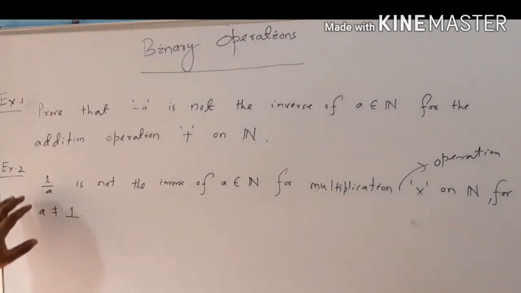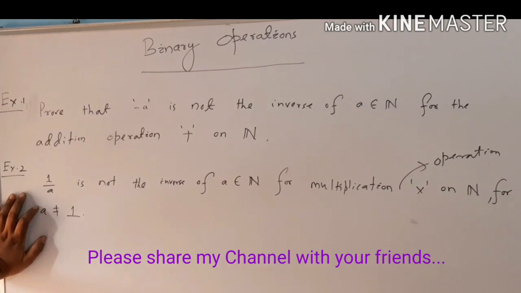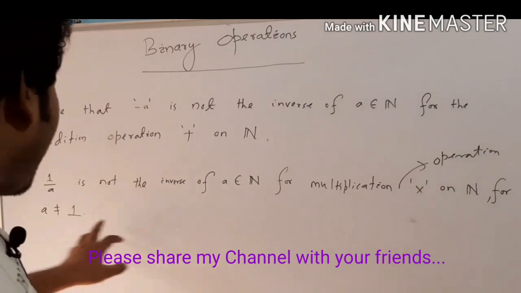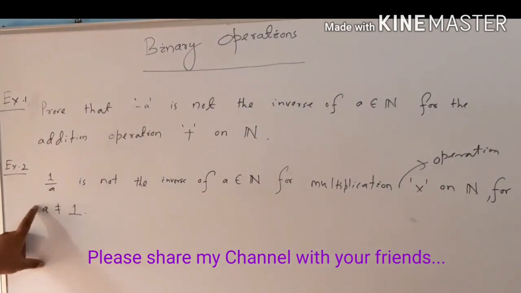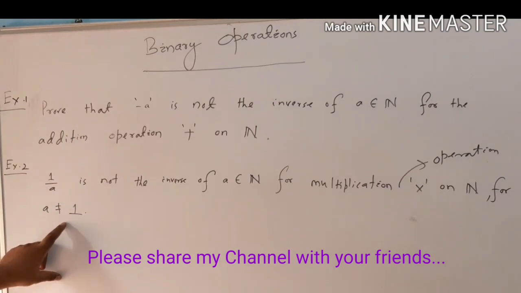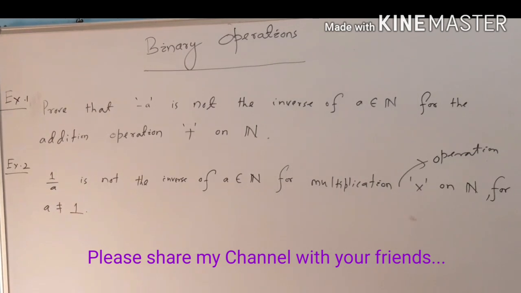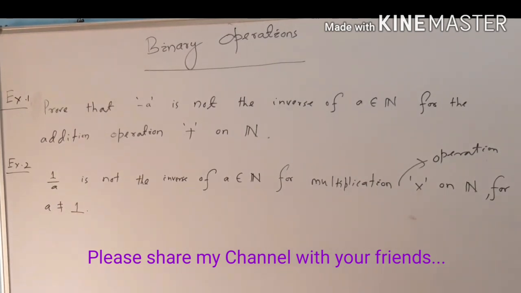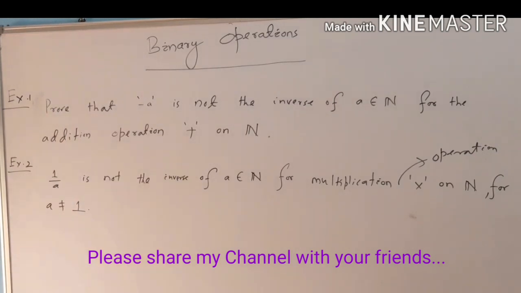Please write the answer by your own, and in fact here only 1 has the inverse, and there is also an identity element for the operation of multiplication, that is also 1. Please do both exercises at your home.